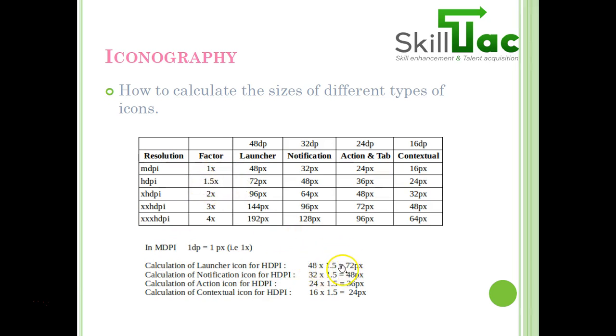So 48 multiplied by 1.5 is 72, and for the notification icon in HDPI it will be 48 pixels, and for the action icon it will be 24 multiplied by 1.5, 36 pixels, and for the contextual icon in HDPI it will be 24 pixels. So this is how you calculate various sizes of icons according to the resolution of the screen.